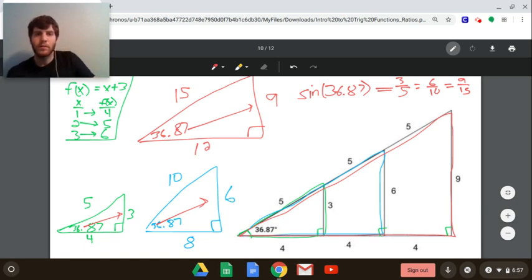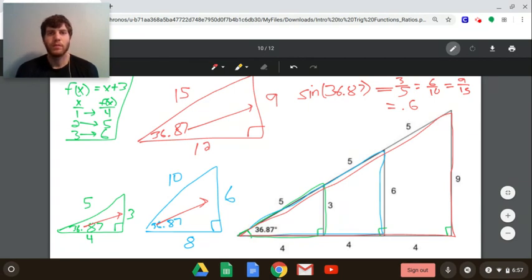If you have a right triangle and one of the angles is 36.87, we know what the ratio of the opposite over hypotenuse is going to be. We know it's going to be equal to 0.6, right? 3 divided by 5 is 0.6. 6 divided by 10 is 0.6. 9 divided by 15 is 0.6. So the whole idea of trig functions is if you have an angle, you can input it into one of the functions and it gives you what the ratio is going to be.